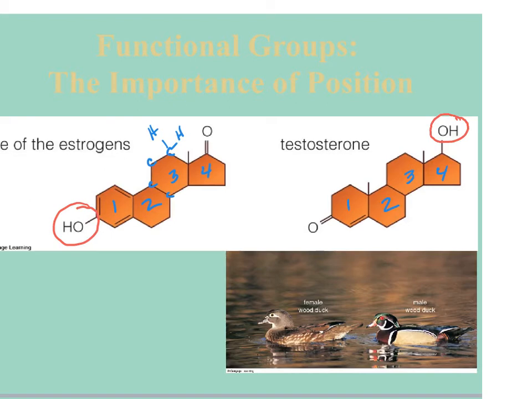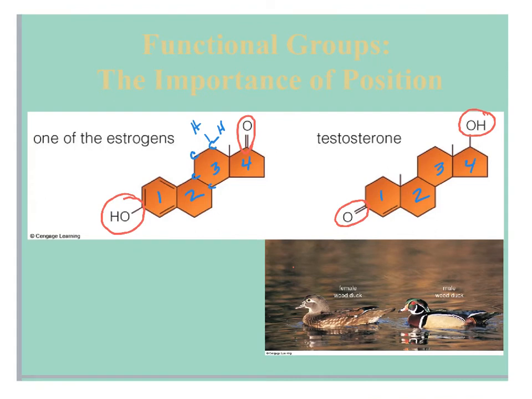You also see a carboxyl group here that is double bonded to that fourth ring, but in testosterone, the carboxyl group is anchored to that first ring. So we pretty much have the same number of rings, carbons, hydrogens, and oxygens, but the positioning of those functional groups and the position of those double bonds then creates different functions for these very similar molecules.